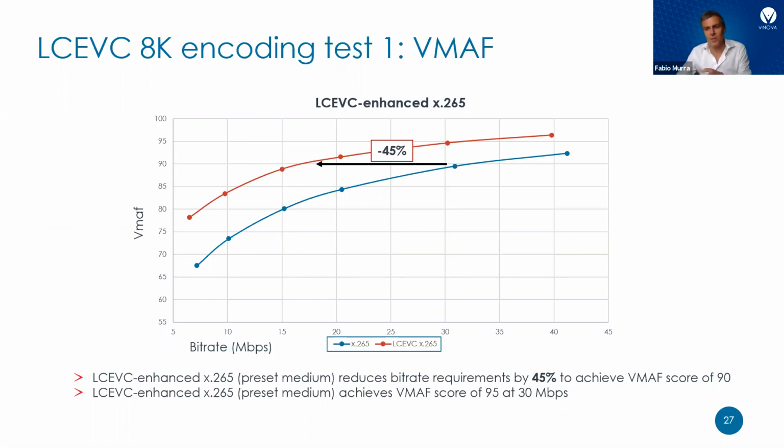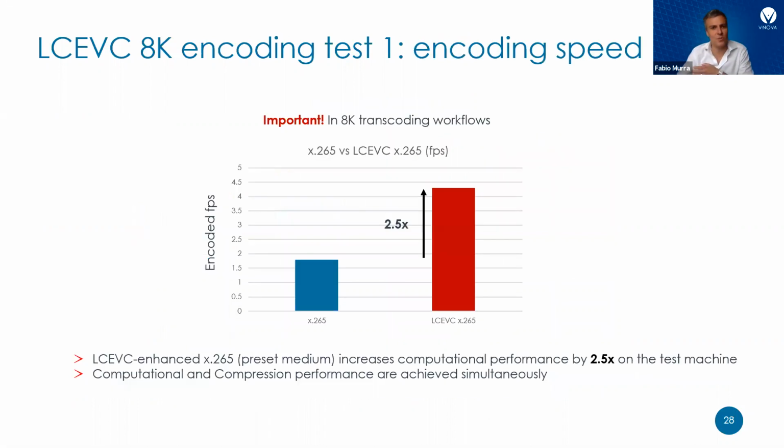As I said, it's not only about the compression performance, it's about the computational performance as well. And the low complexity means that it can run faster, and we see typically gains in the order of 2.5, 3, sometimes even 4x compared to the base used on its own in encoding. Again, how is this possible? It's possible because the base is used at the lower resolution, so much lower computational intensity for the 265 or 264 or AV1, in this case 265.